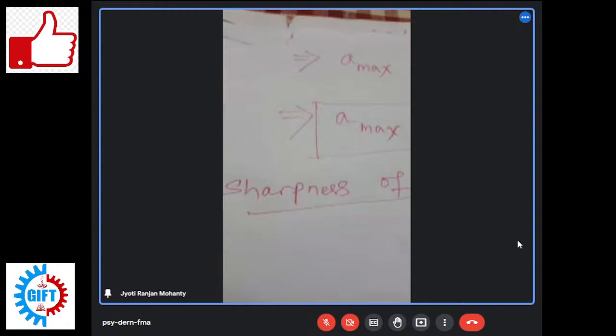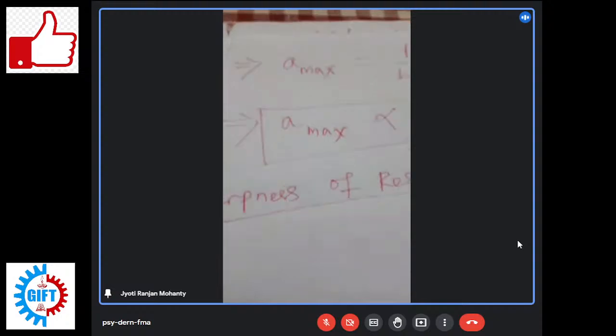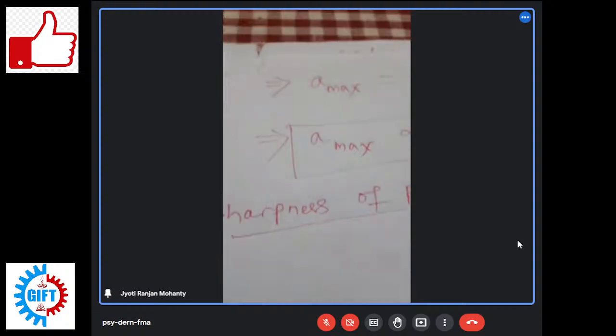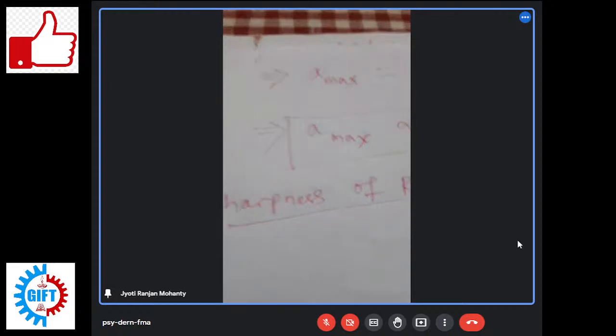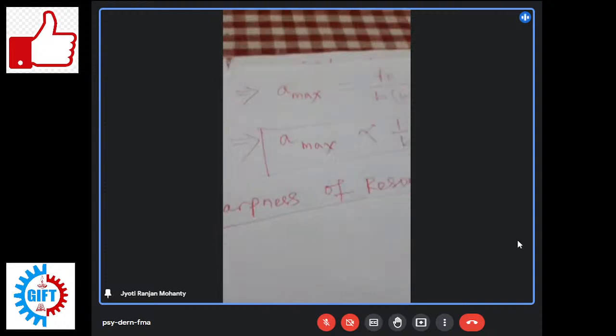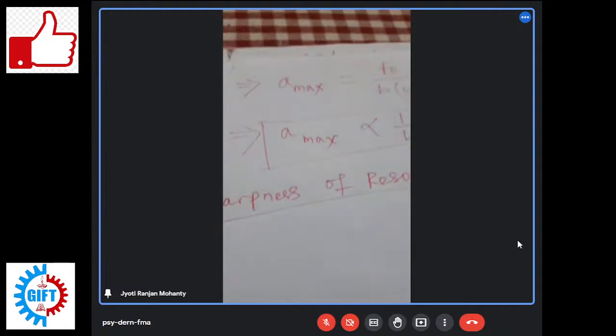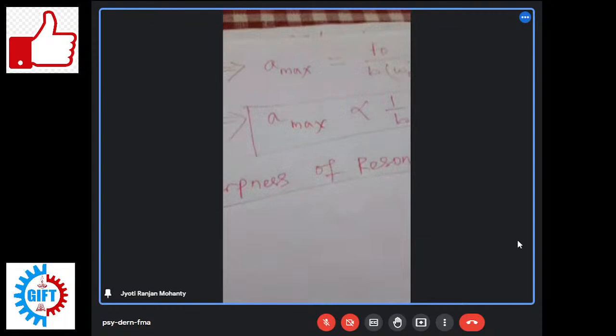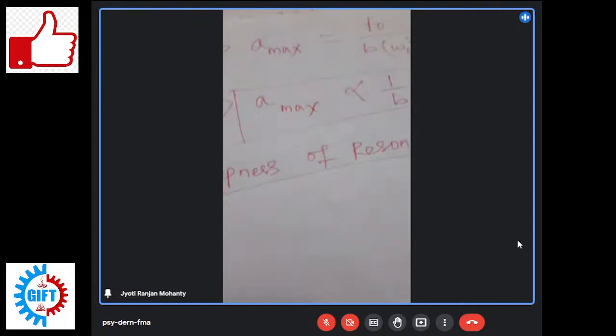On either side of the resonance frequency.